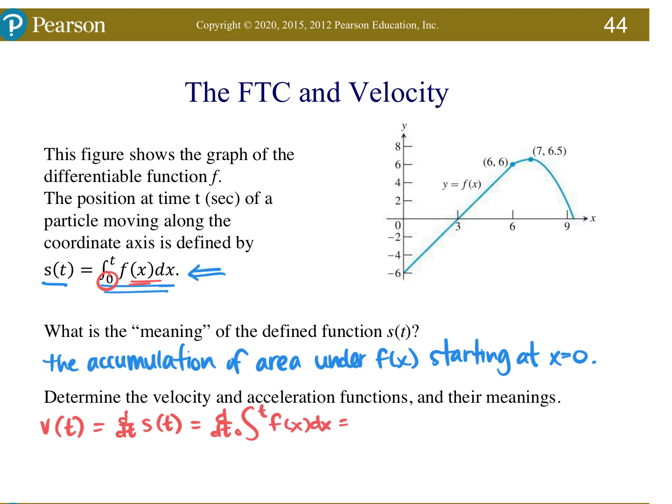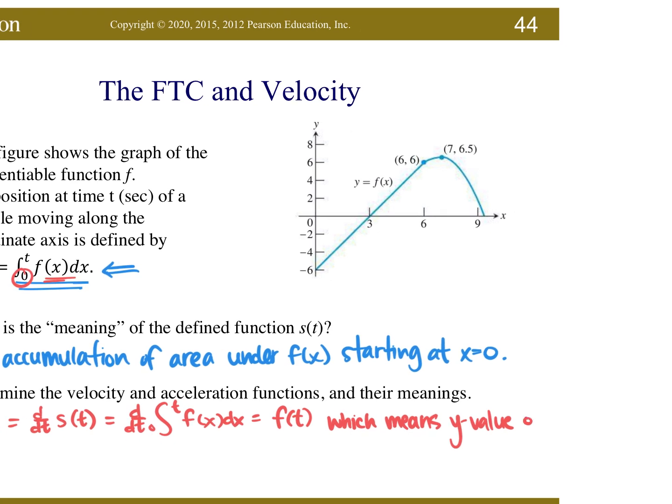And the derivative of that is going to be f of t times 1 minus f of 0 times 0, or clean all that up, and so it's just f of t. And that means the y value on the f of x function.